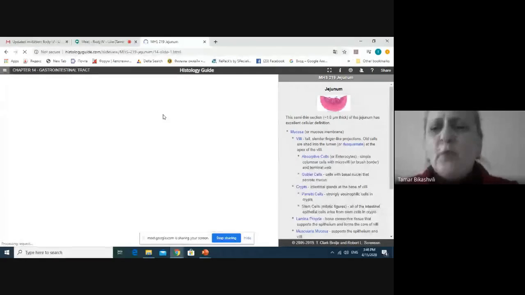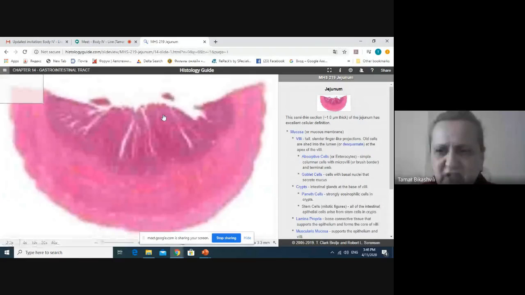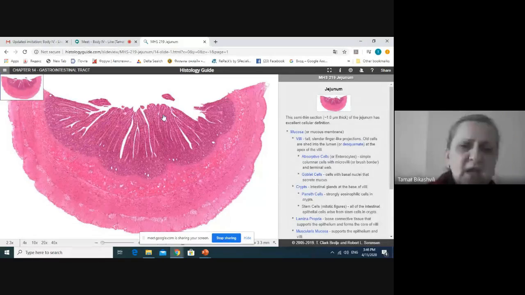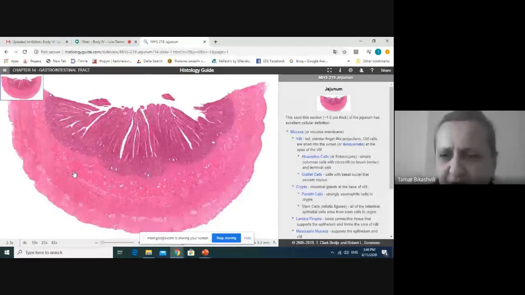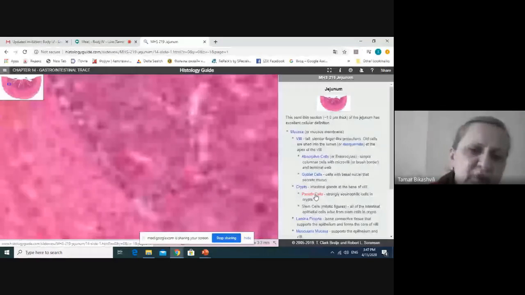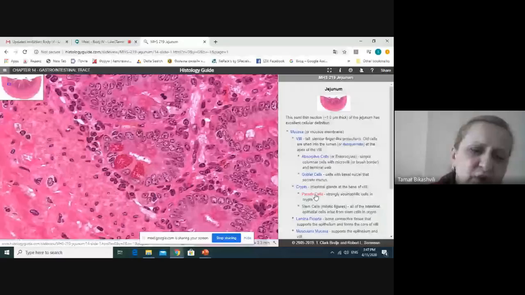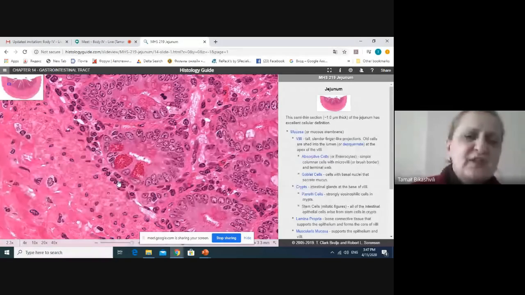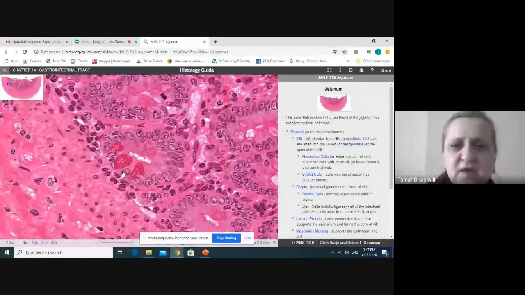So what are crypts? Crypts are intestinal glands at the base of the villi, and these glands are well developed in the jejunum. The Paneth cells are very easy to find. In the cross-section of the glands you can see these cells are Paneth cells, with very acidophilic granules, at the basal parts of these glands.